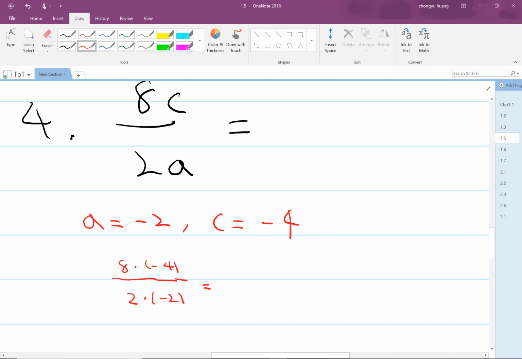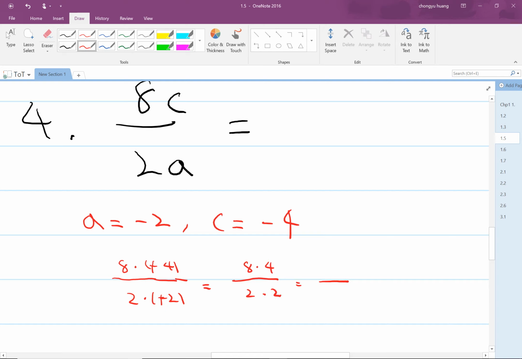So we have to simplify a little bit, right? So over here you can see negative 4 and negative 2. So those negatives are going to get cancelled, right? So what you have is 8 multiplied by 4, over 2 multiplied by 2, right?